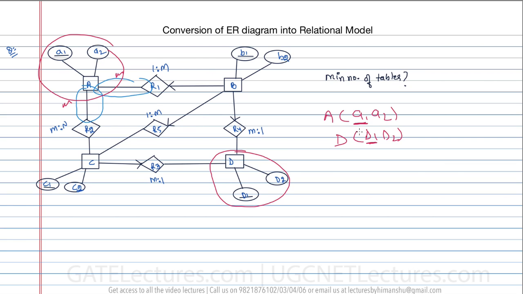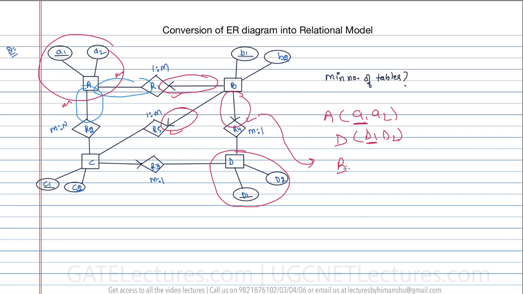Now you can see this B is having 1 as maximum cardinality here and 1 as maximum cardinality here. Maximum cardinality 1 in both the directions. So for this B we can create a table, but that table will be combining R1, R4 and R5, because here also it is maximum cardinality as 1.